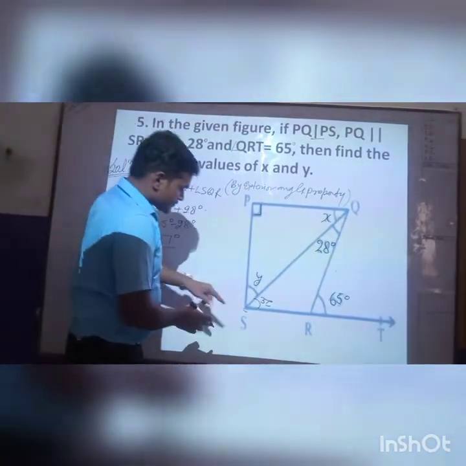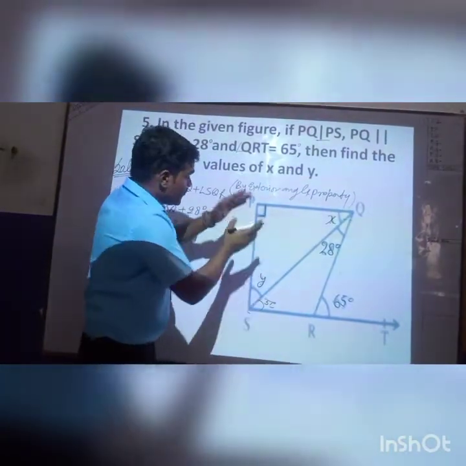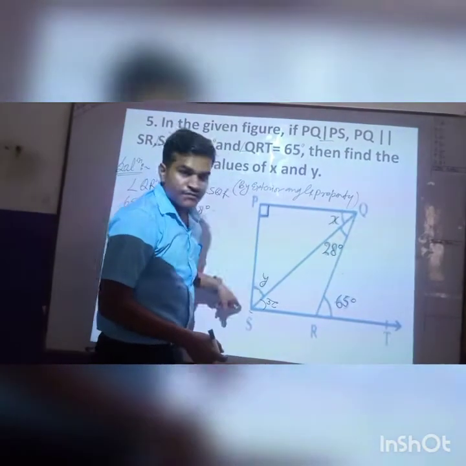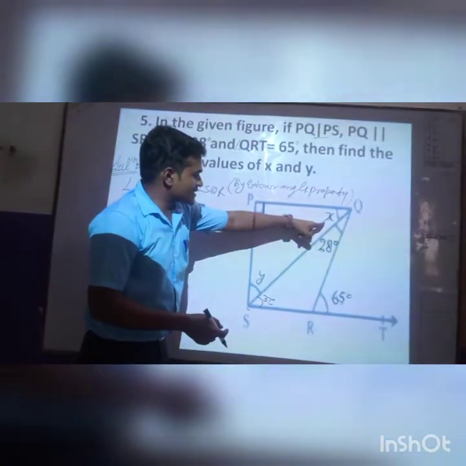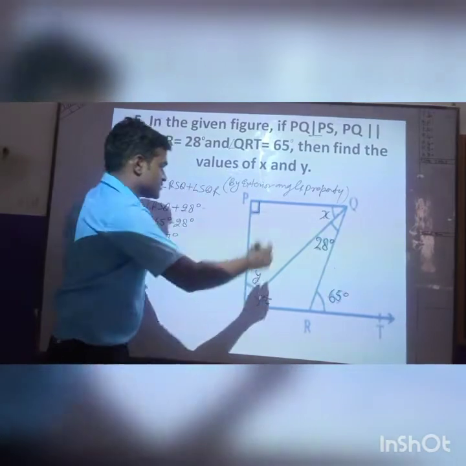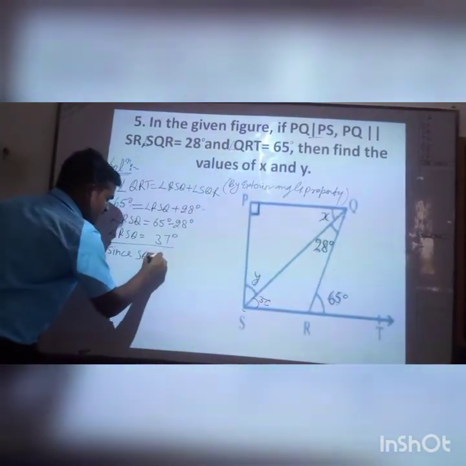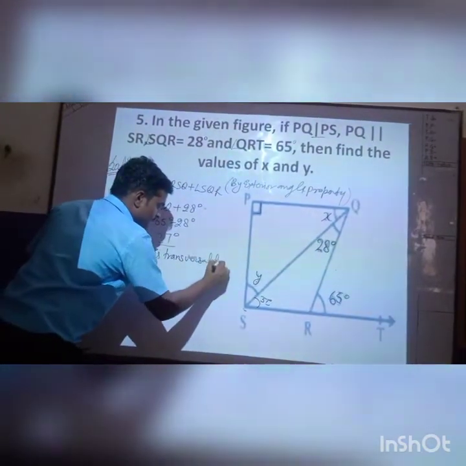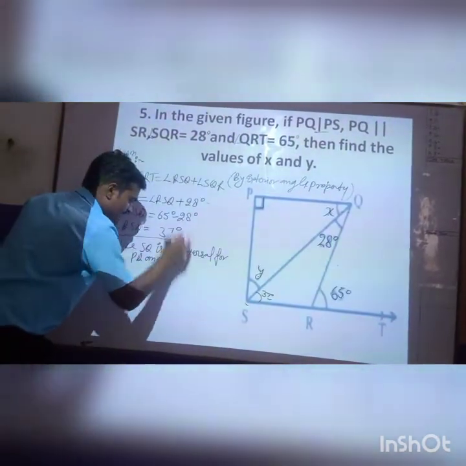Children, since SR and PQ are parallel, then what is SQ? SQ is a transversal. Since SQ is a transversal for PQ and SR, angle x is equal to 37 degrees by alternate interior angles.